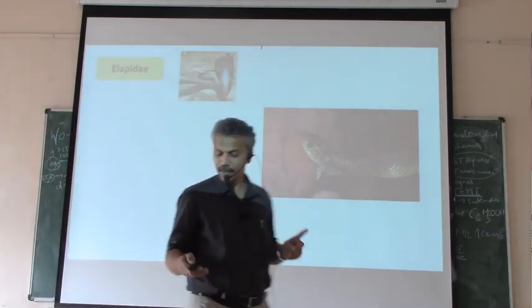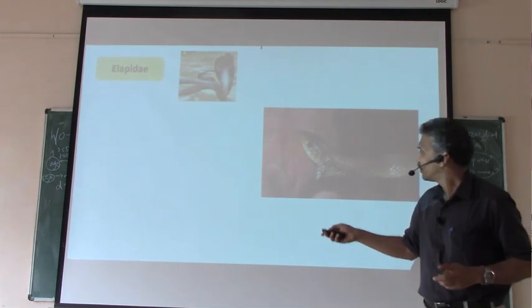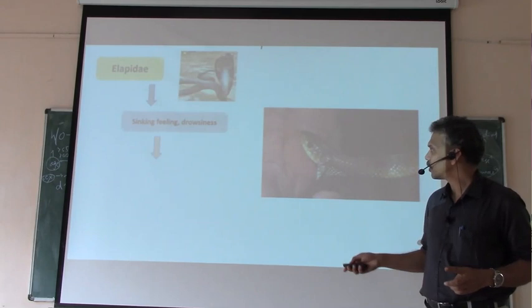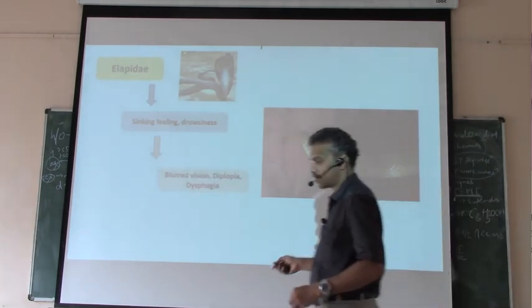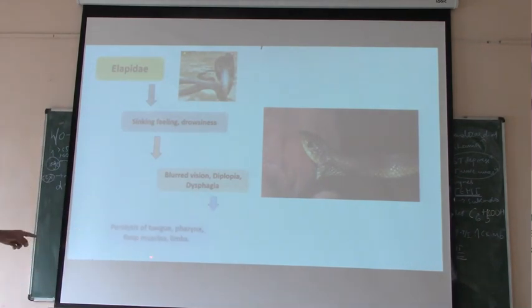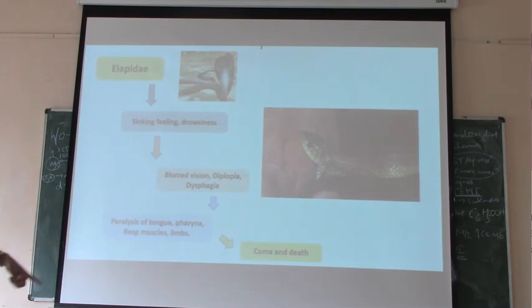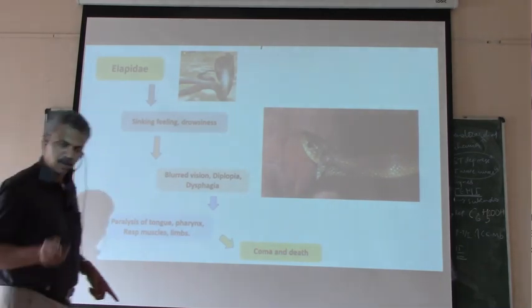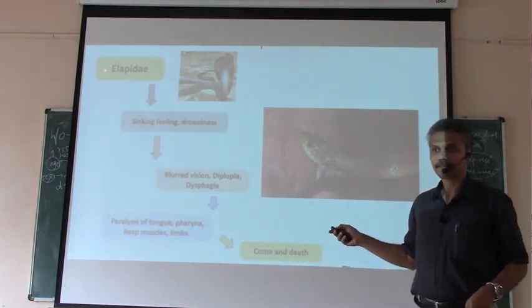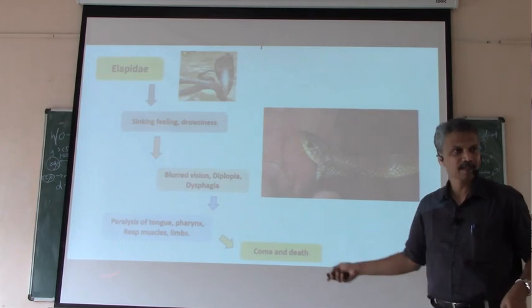With Elapidae, in the events mentioned here, there will be a sinking feeling, drowsiness, blurred vision, diplopia, dysphagia, and you can also see paralysis of the tongue, pharynx, respiratory muscles and the limbs, and in the end it will give rise to coma and death. So what do you understand from this sequence?